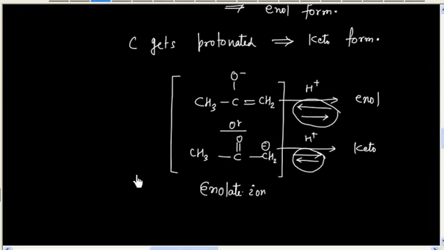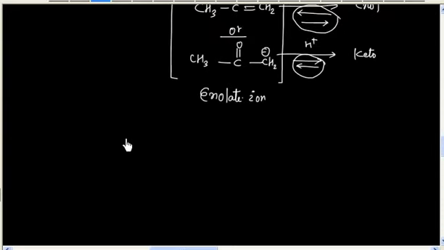Only alpha hydrogen participates in enolization. Beta and gamma hydrogens are not acidic. They do not participate in enolization or keto-enol tautomerization. So if you see this molecule, this carbon is alpha, this carbon is beta, and this carbon is gamma.